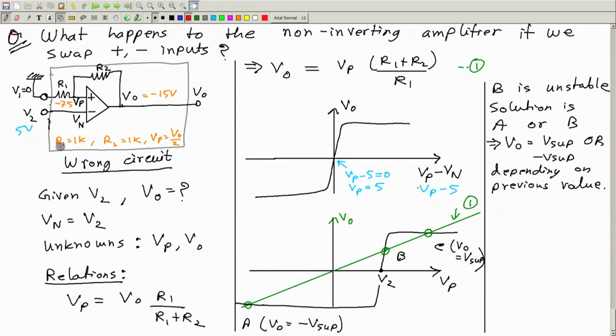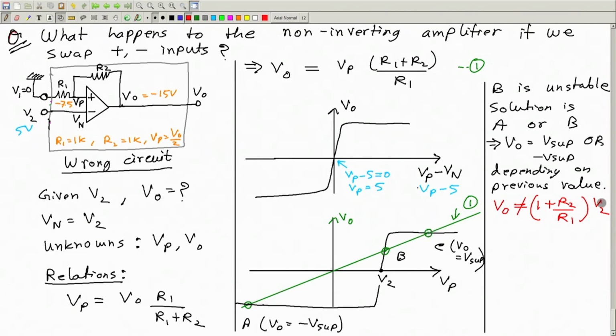Originally this was a non-inverting amplifier, so the relationship VO equal to 1 plus R2 by R1 multiplied by V2 is not true, because the output is going to be constant at the saturation levels.